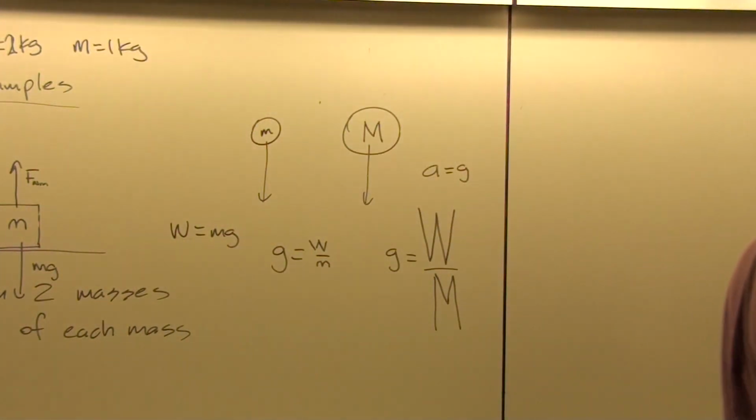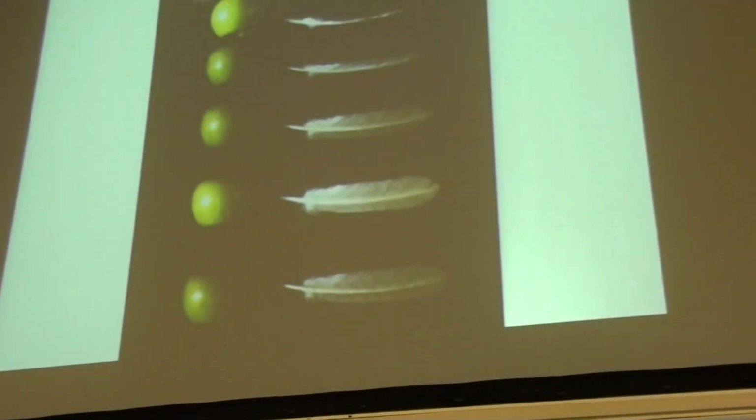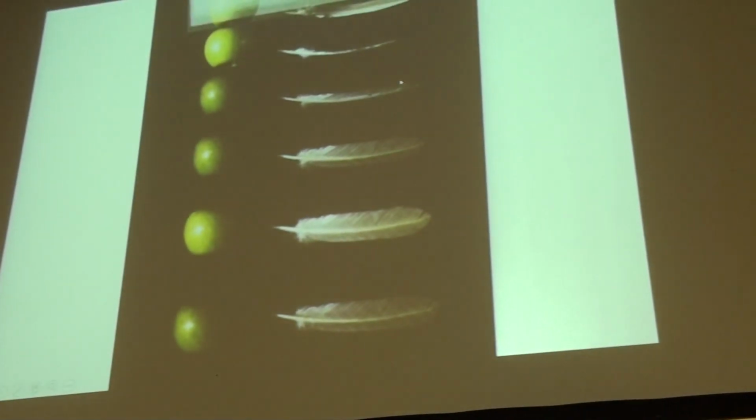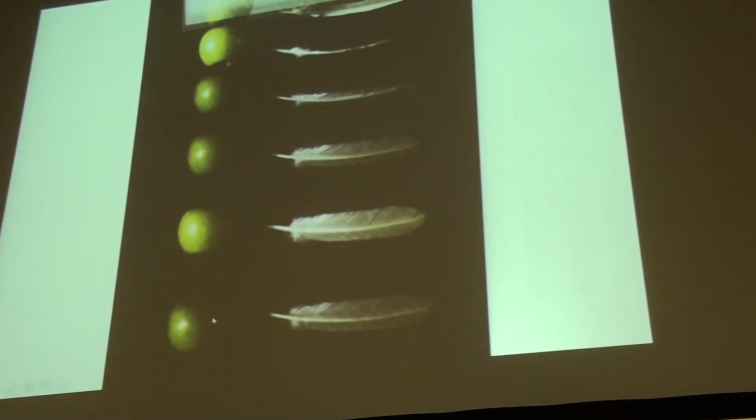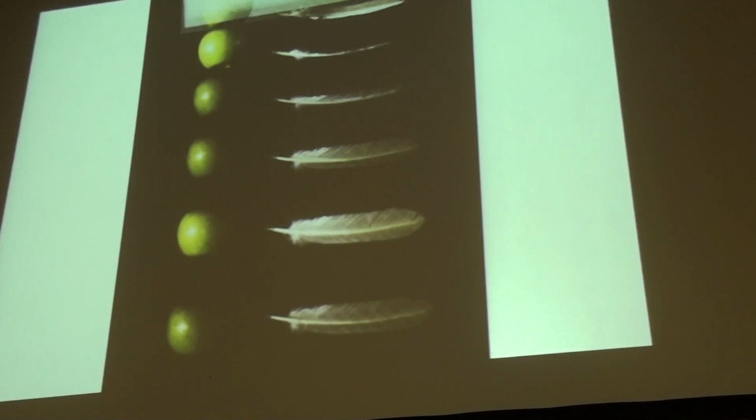We look back up at the data projector here. We see a feather falling at the same rate as this apple, but that would have to be an evacuated tube in which we have no air resistance, because air resistance is an external force, and that external force is much more significant on a light object that is exposing a lot of surface area to the air than it is for a heavy object.